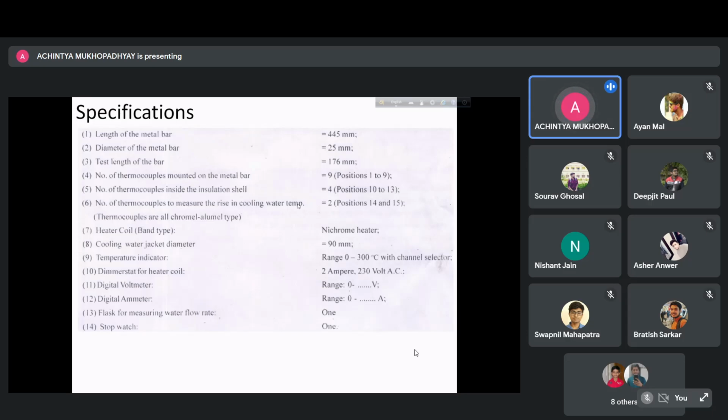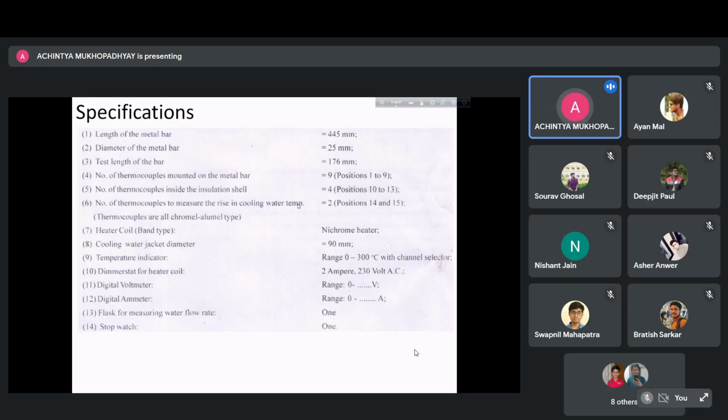And depending on the temperature range, you have to choose those materials, because different materials will generate maximum voltage at different temperatures. Okay, and the heater coil is again a nichrome heater.